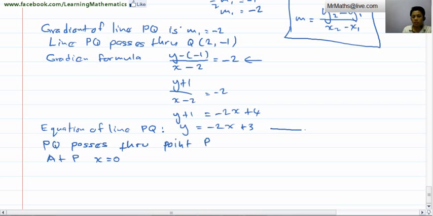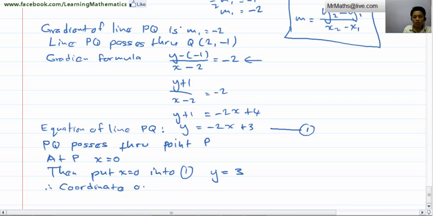I just call the equation 1. Then put x equal to 0 into 1, and we get y equal to 3. Therefore, the coordinate of P is 0, 3. There you go. That's the answer.